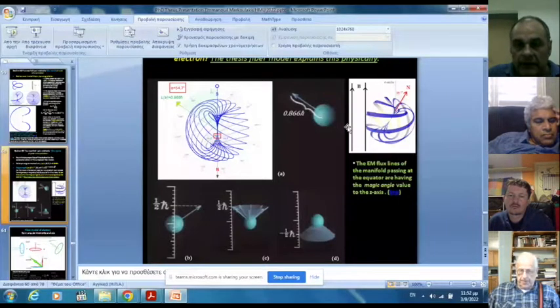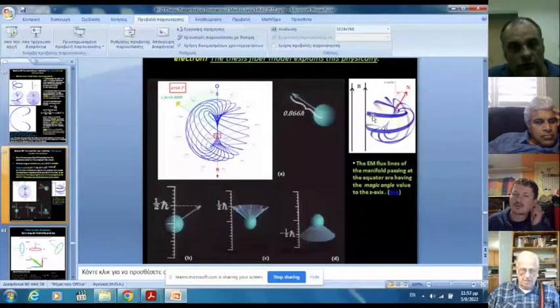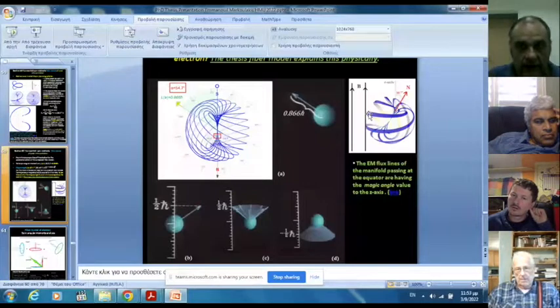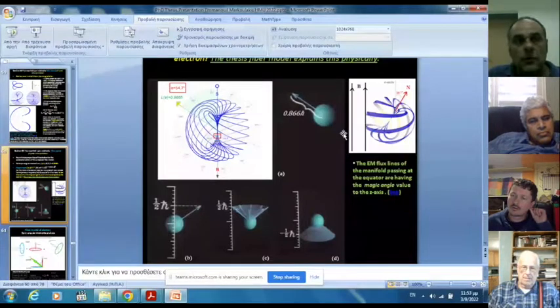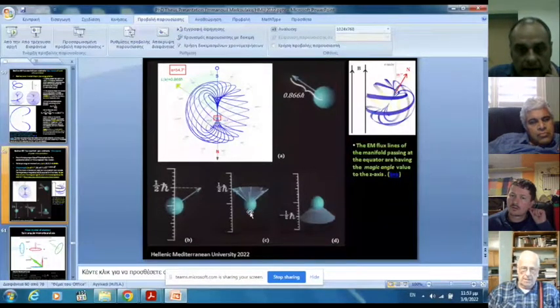So the stronger the B field, the faster the rotation: 2 Tesla, 3 Tesla will rotate faster. But what is not very known in the literature, and you have to dig very hard, is that this magic angle is always the same. It doesn't change with the strength of the magnetic field. So here you have a spin-up electron, which has on the z-axis one half.